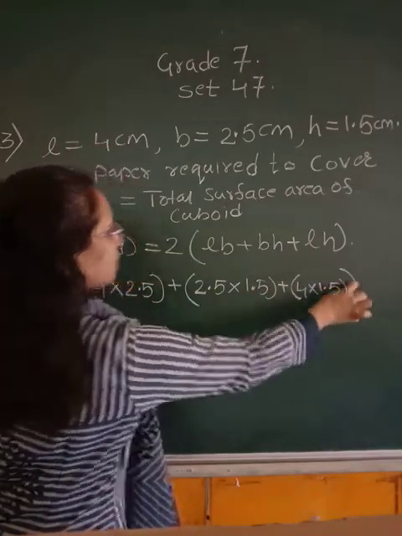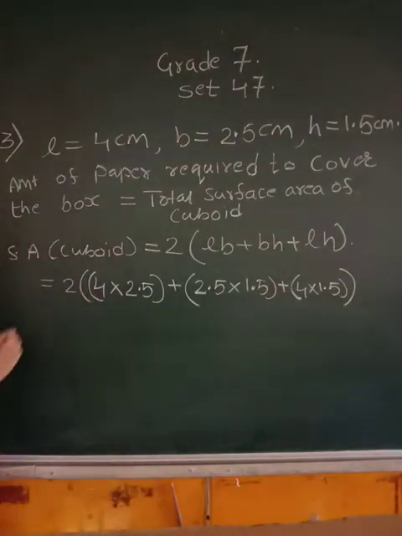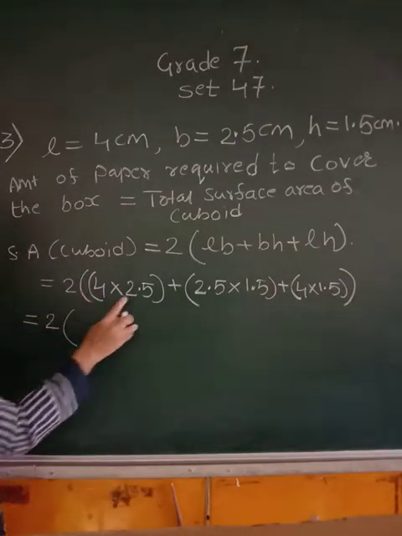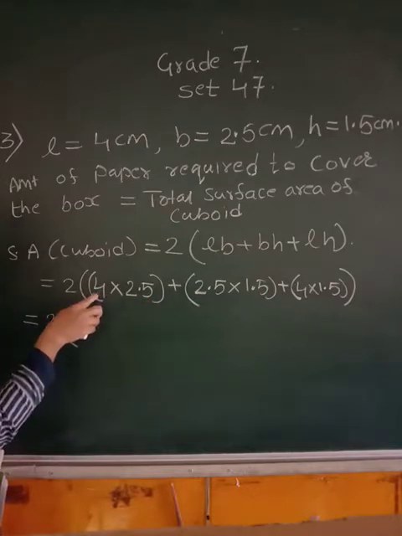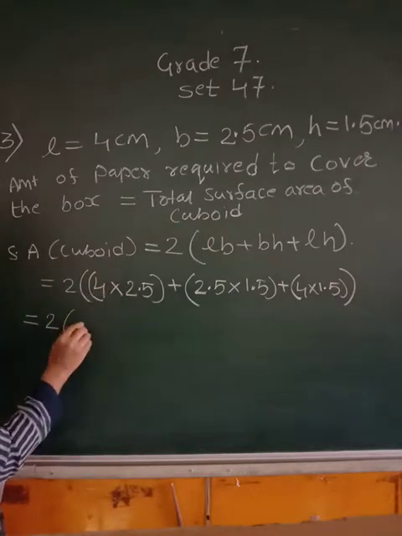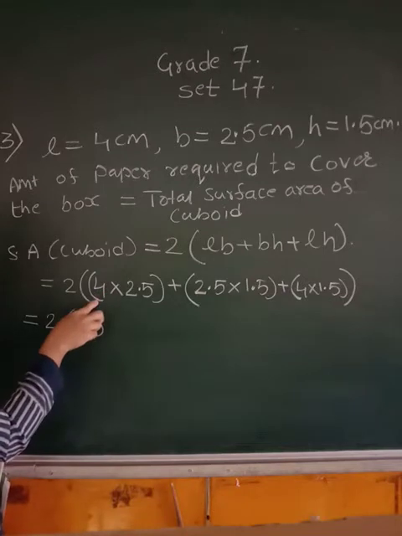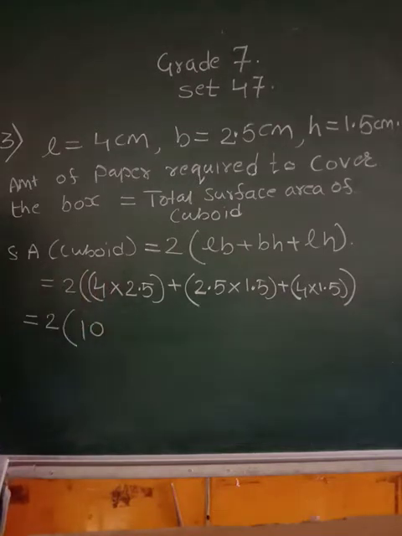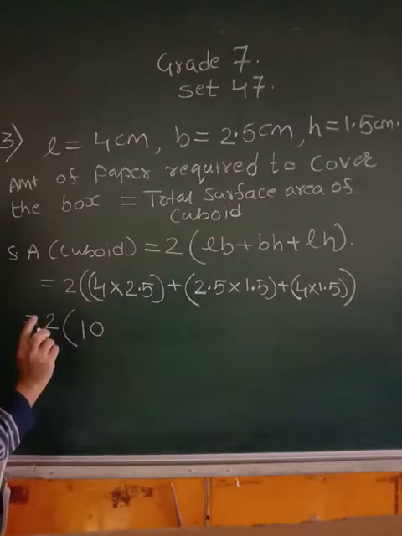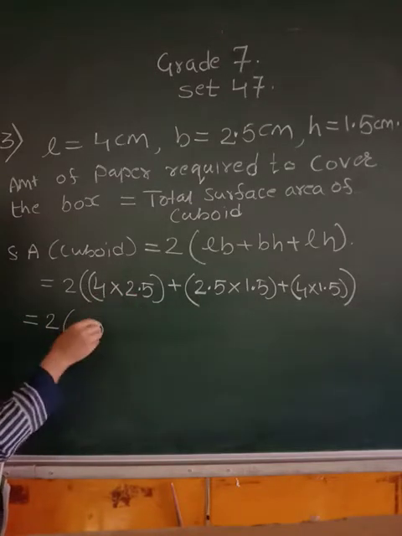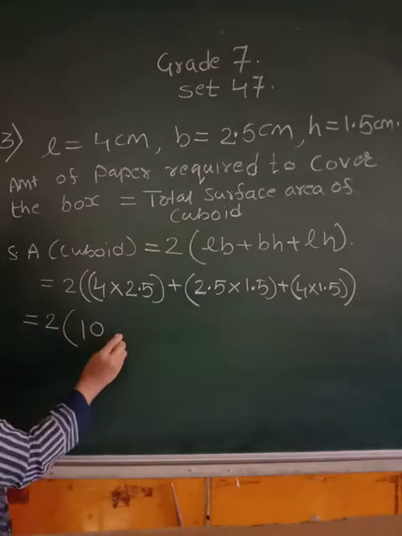And then this big bracket. Done everyone? This is equal to twice. Now see, 2.5 times 4 will give 10. This can be done orally, or you multiply and check. 25 4s are 100, and after one number the point comes, so we get 10. You multiply and check this out.